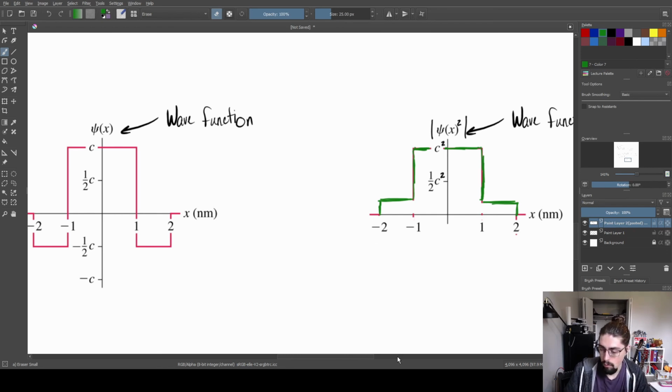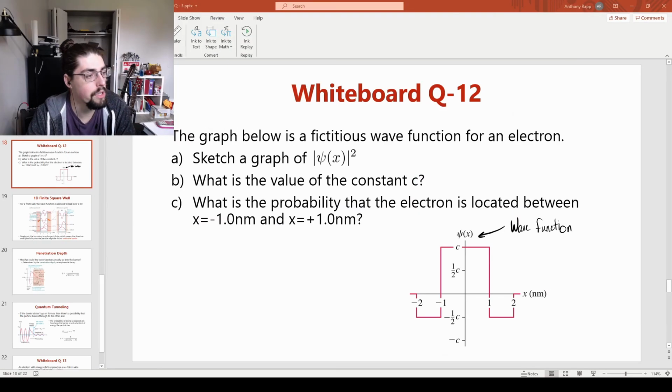Now, what else are we looking for here? In this case, we are looking for the value of the constant c. Okay, well that's a little bit interesting, but that's all right, because we know that it has to be included here somewhere.